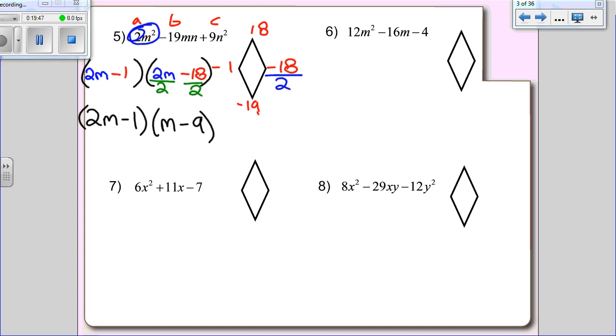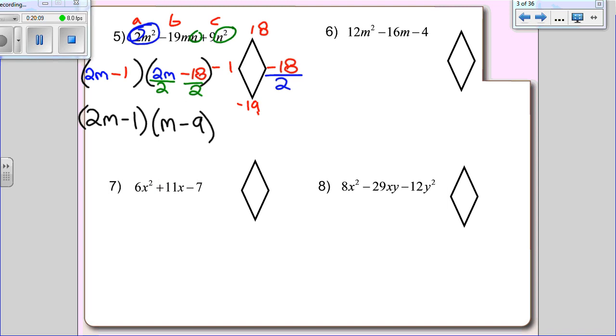Oh, thank you. I almost forgot about that. And this question has a second little part to it. And the second part is these n's. So we have n and n squared. Something else I know about trinomials is my last term is always created by the two last terms in my binomials.